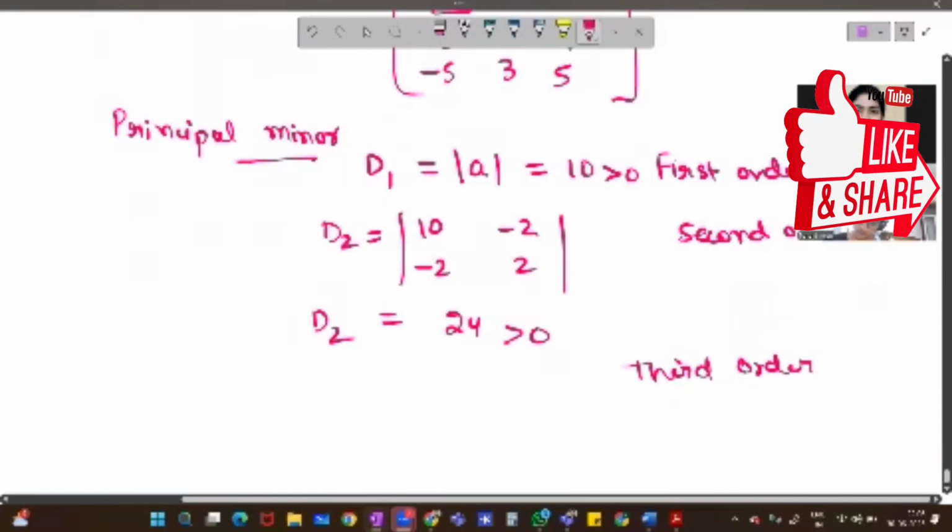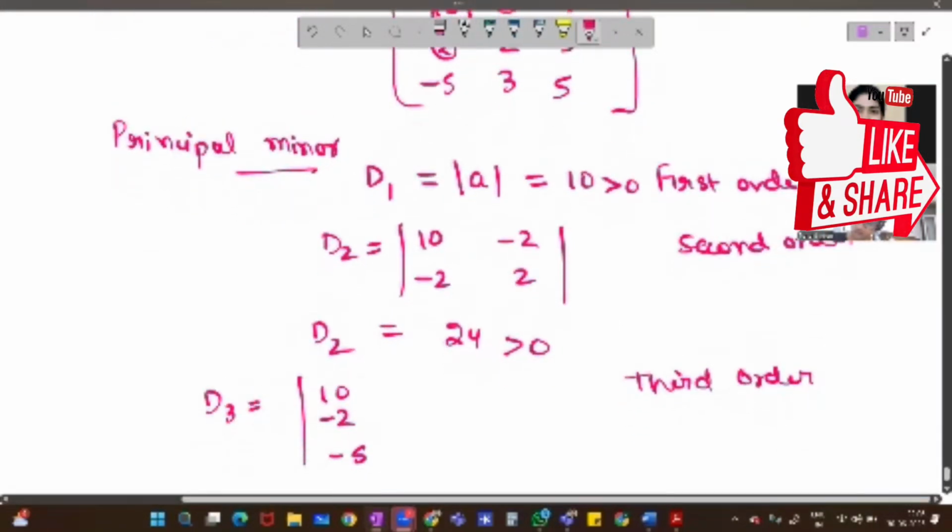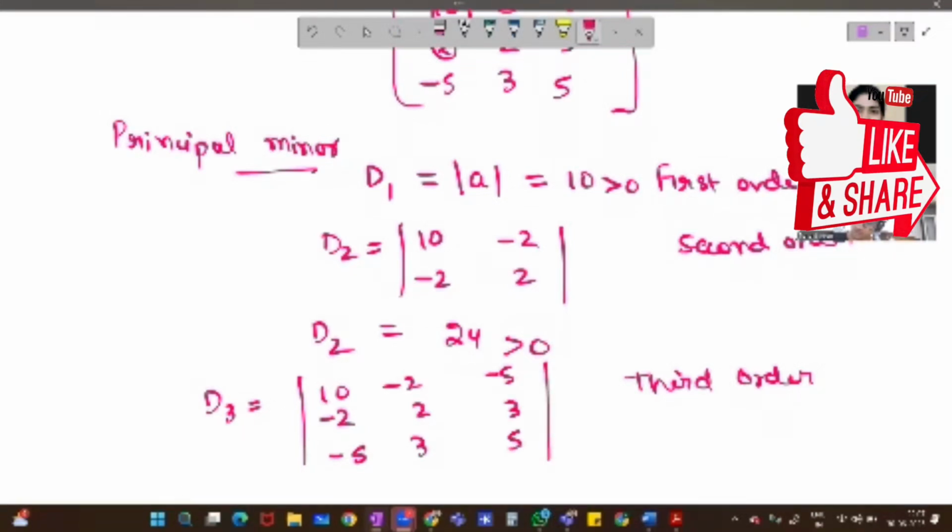Now the third order, the determinant of the whole symmetric matrix. That is 10 into (10 minus 9), plus 2 into (5 minus 10 minus 15), minus 5 into (3 minus 6 minus 10).